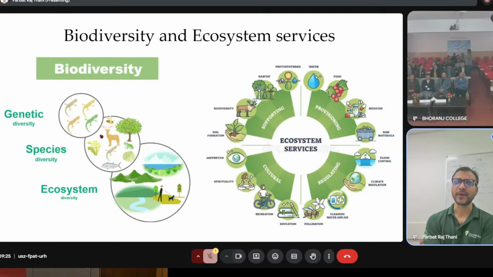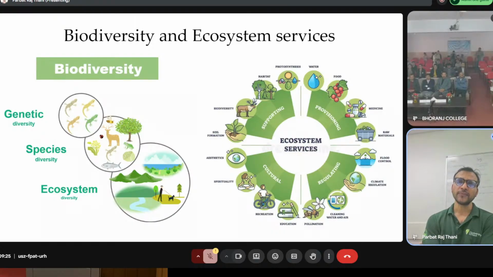That is aesthetic value. For example, we feel different types of feelings when we visit the forest. This is aesthetic value, and we can do meditation and sometimes recreation. For recreational purposes, we visit forest as well. They all belong to the cultural services that forest provides us.